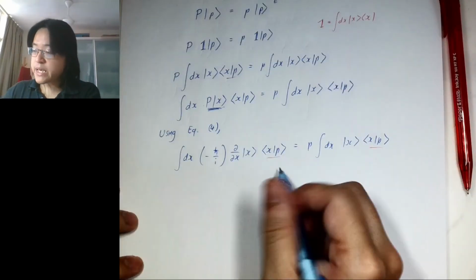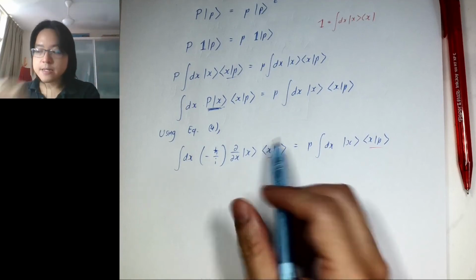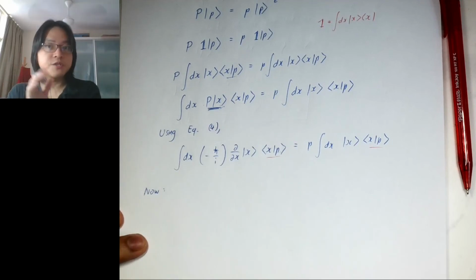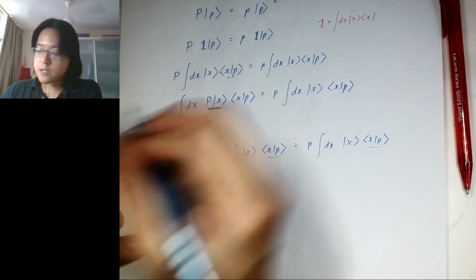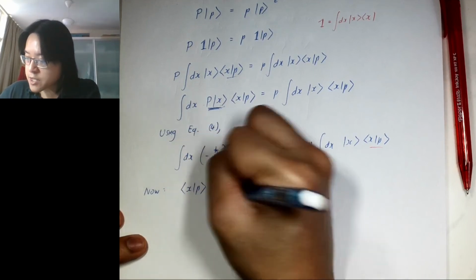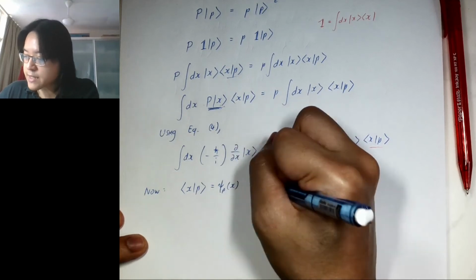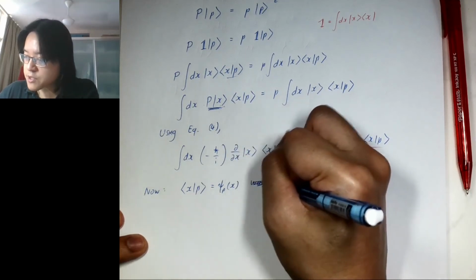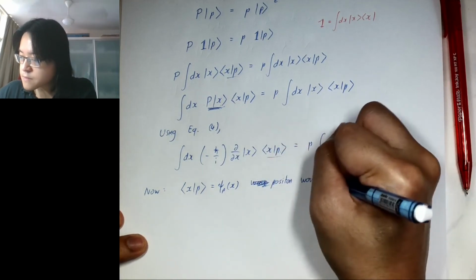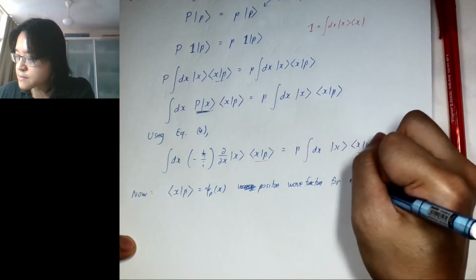Well, |p> is an eigenstate, and closing it with <x| will give me the position wave function. In other words, <x|p> will give me a wave function, the position wave function for the eigenstate.